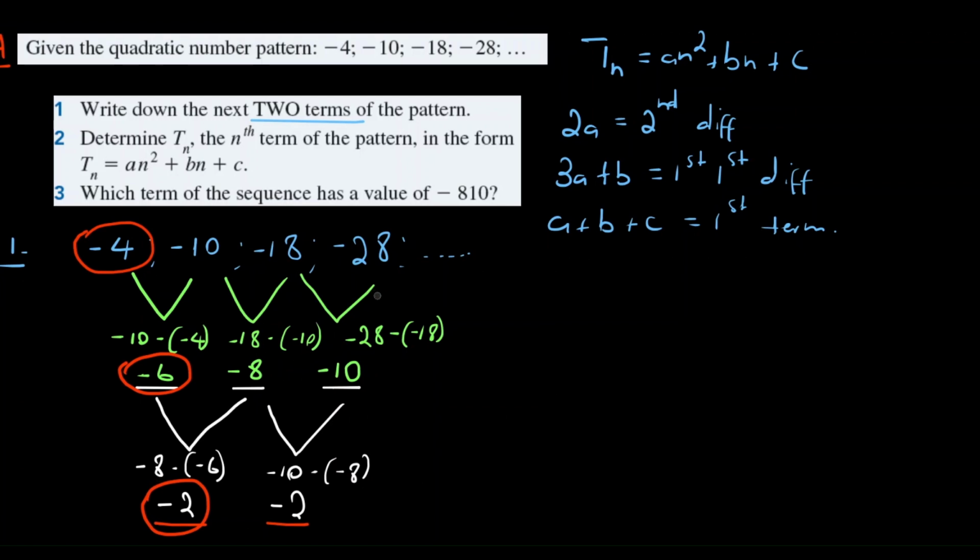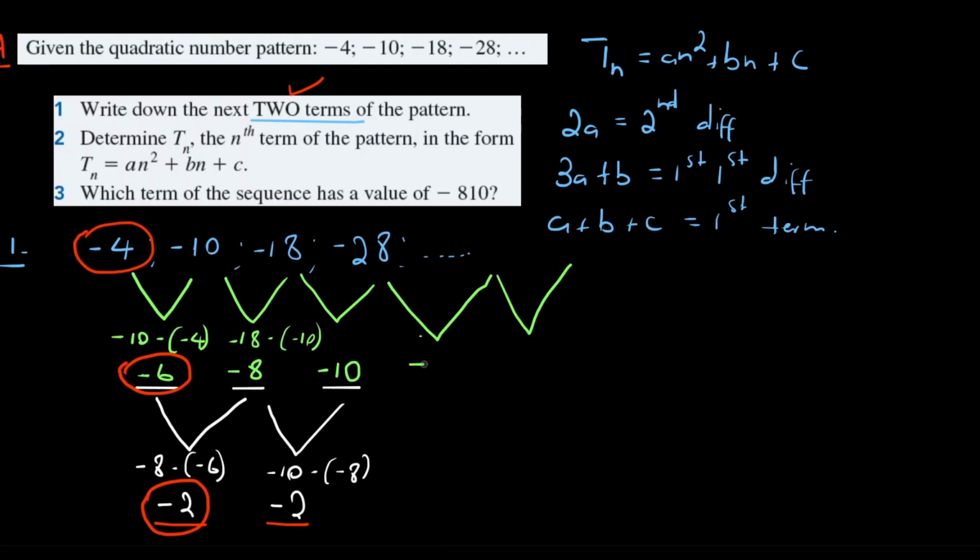So let's go back to the question. It's saying we must find the next 2 terms. So to find the next 2 terms, we just need to continue this pattern and see what we will find. Suppose that this pattern continues. What will we get? So we can see that it's -6, -8, and -10.